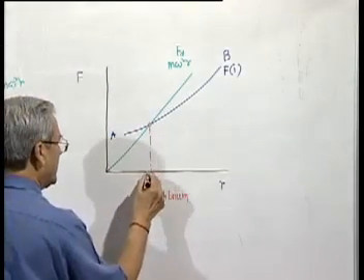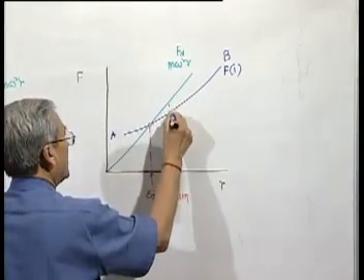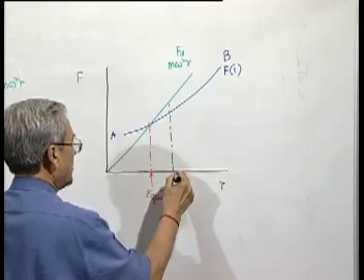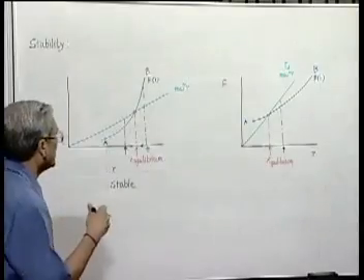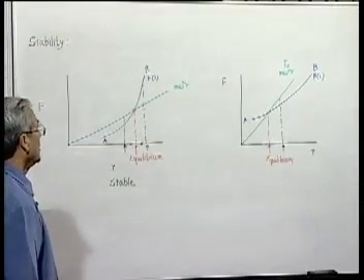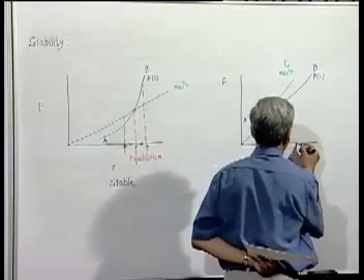What will happen if we push it, without changing the speed of rotation of the governor, to this location? Now you can see that the deflecting force is still more than the controlling force. So rather than trying to come back to this position, it will go further out.